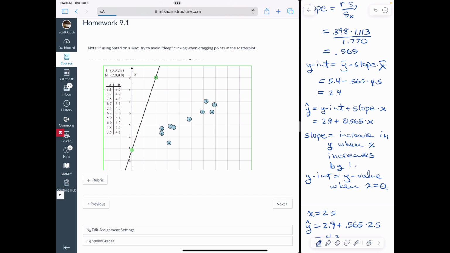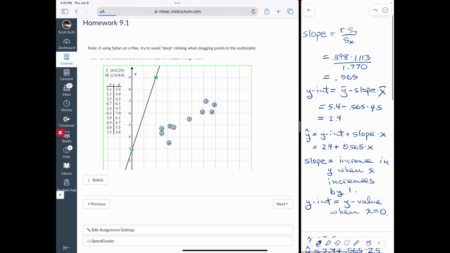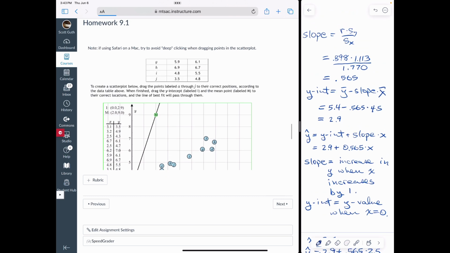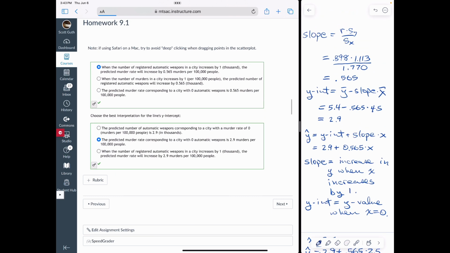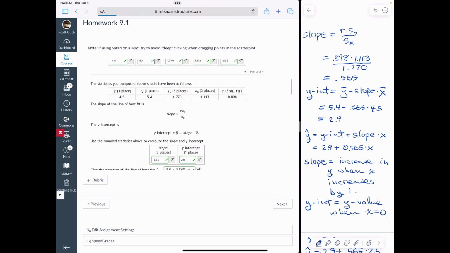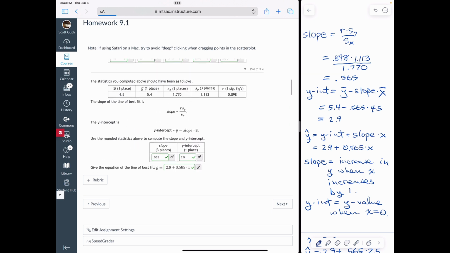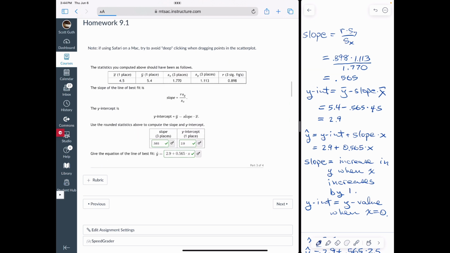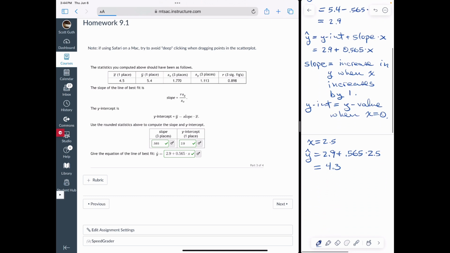Now M is the mean point, so it's easiest probably if we look at the mean point up here. So for the mean, x bar, you can see right at the top here, is 4.5 and y bar is 5.4. That point is always on the line. I'll go ahead and make a note of that.